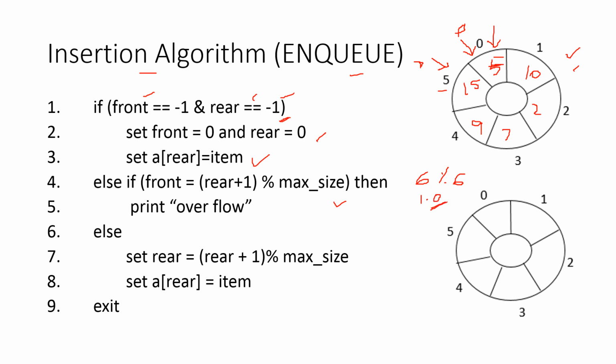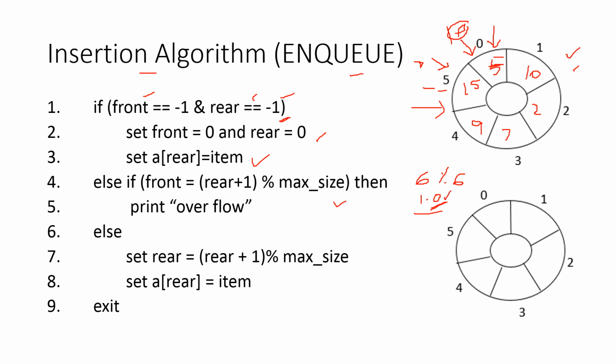Consider the example. Here rear is this point and front is this point, and front is equal to (rear plus 1) % maximum size. Using this formula you get 0, and front is also 0.